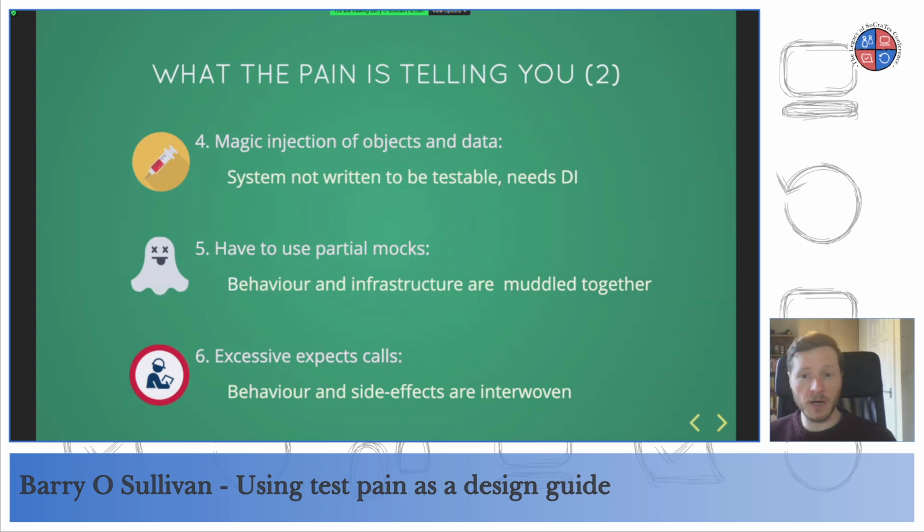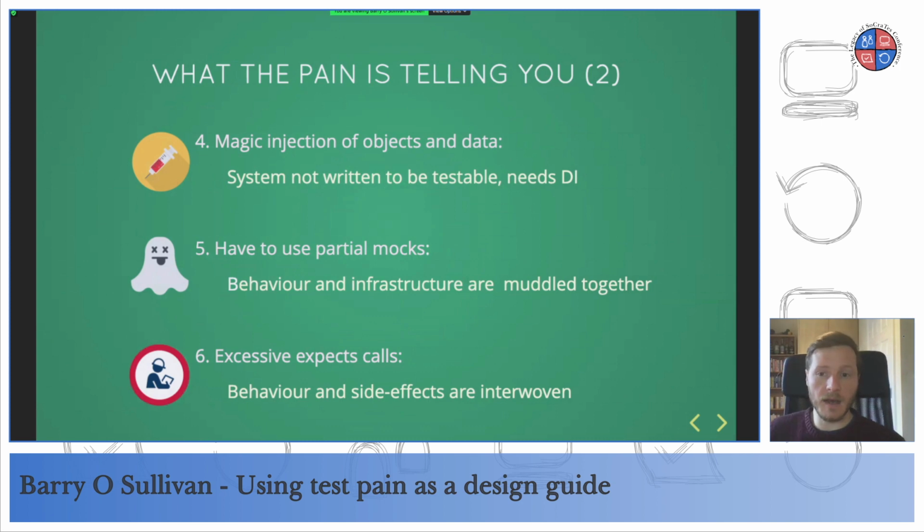After that, we have partial mocks. Partial mocks are a sign that you have behavior and infrastructural code mixed together. Typically, infrastructure code that's painful to use under test, such as, for example, API calls. And that's not a spoiler for the code example that's coming later. So the solution there is to separate the abstractions from the details using your tests as a guide.